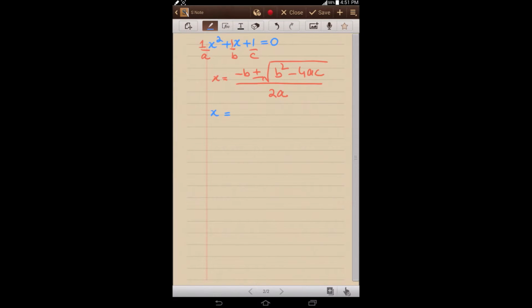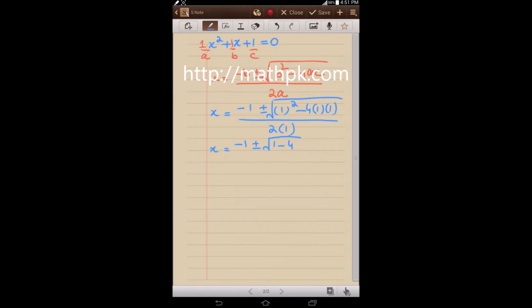So x is equal to minus 1 plus minus square root of 1 square minus 4 into 1 into 1, divided by 2 into 1. So we can write x is equal to minus 1 plus minus square root of 1 minus 4, divided by 2.